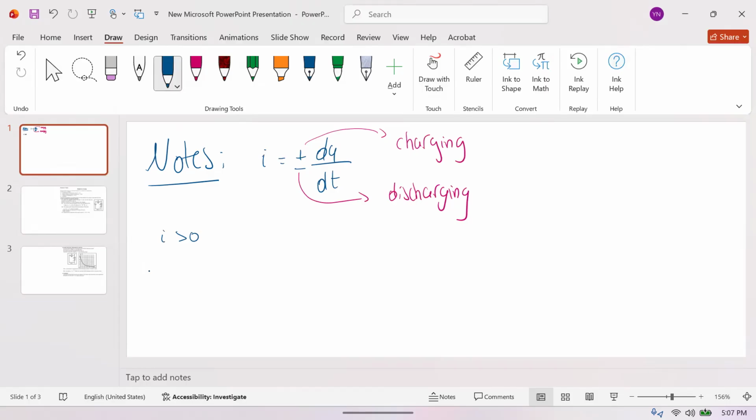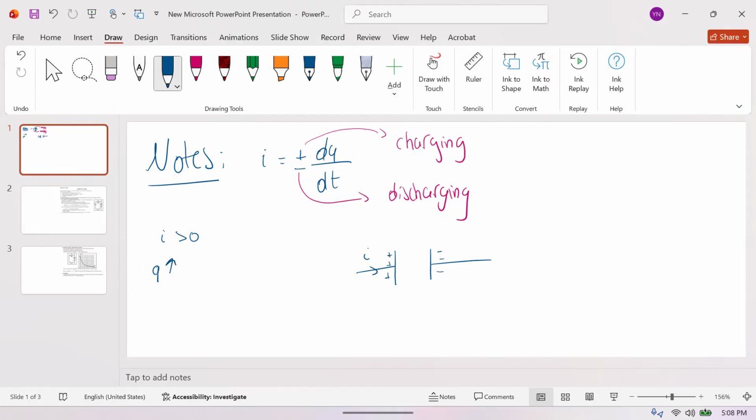Okay. Now, when the capacitor is charging, the charge around the capacitor is increasing. So Q is increasing. Now, this is the capacitor. This is the current flowing through the capacitor. This is the positively charged one, and this is the negatively charged one. With time, the charge accumulating on the plates is progressively increasing.